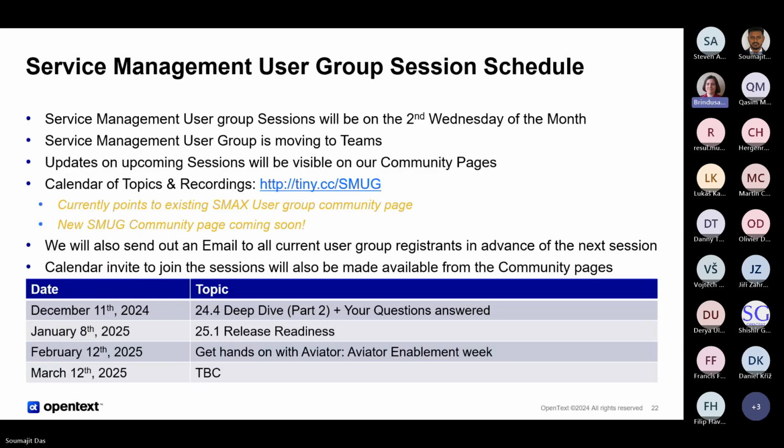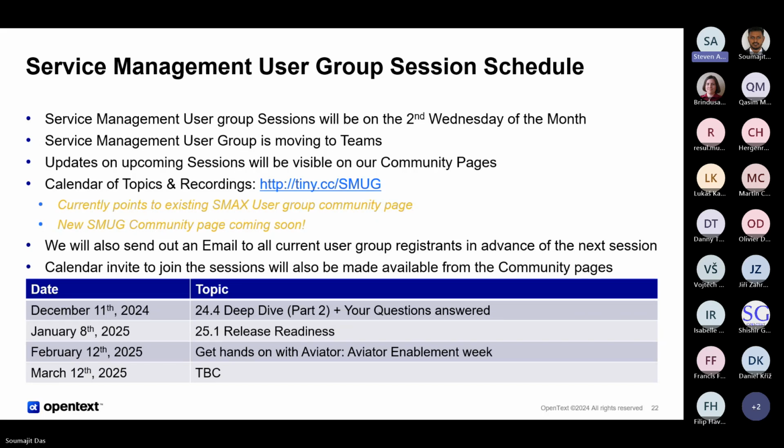All right. Last slide, just covering the schedule for the user group coming up. Just a reminder that we are doing these monthly now, on the second Wednesday of each month. The current one is for December. The next one will be January 8th, and for that one we'll be doing the release readiness webinar for the 25.1 release.